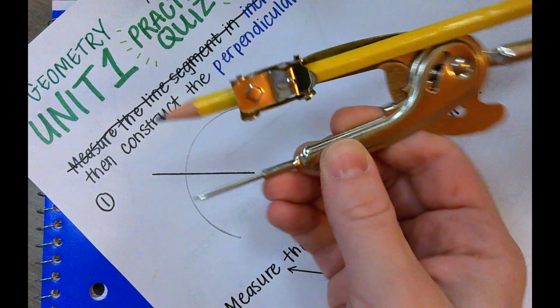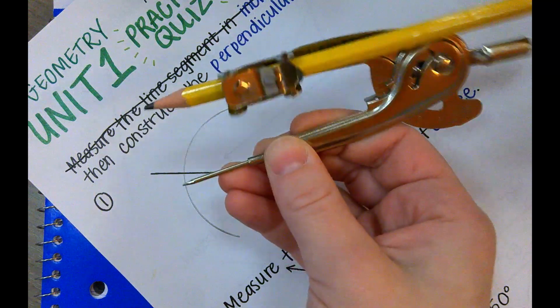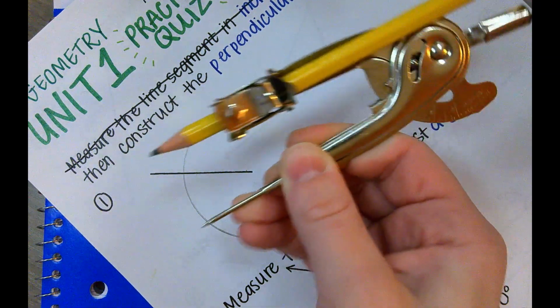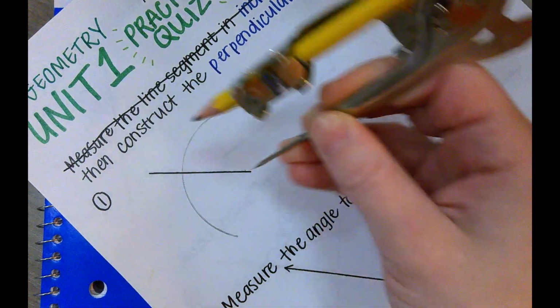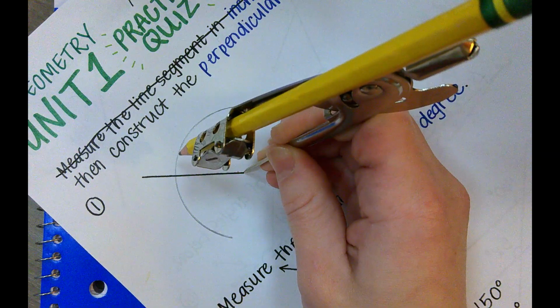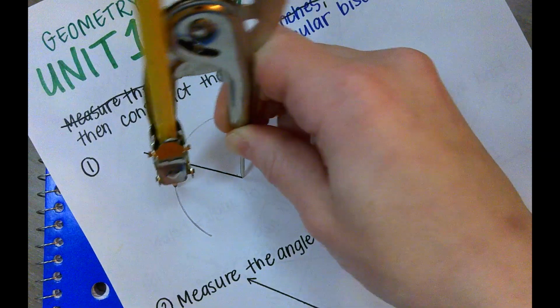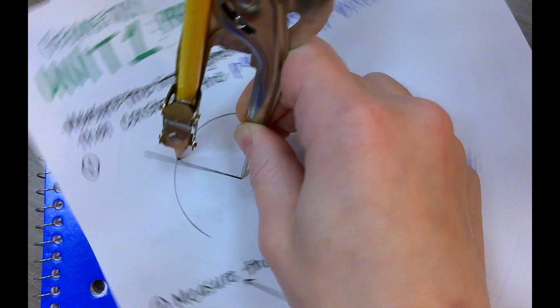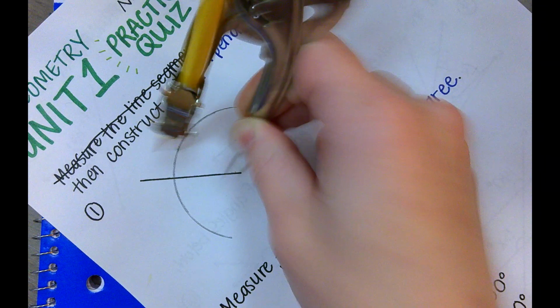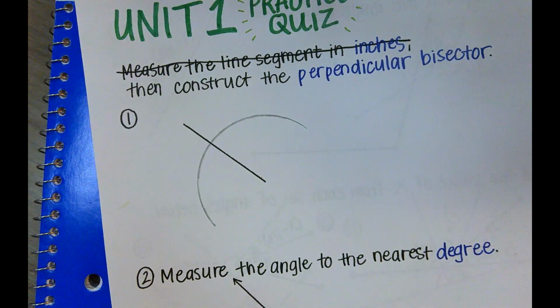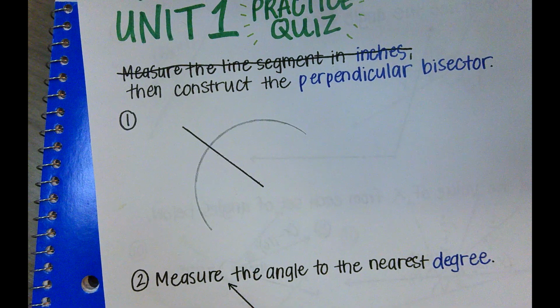Remember, when you hold your compass, it's always going to be a little better if you're focusing on just holding the metal part. Don't use too much pressure. The pencil is the only part that moves. Keep your point in the same spot. And there's my first step.